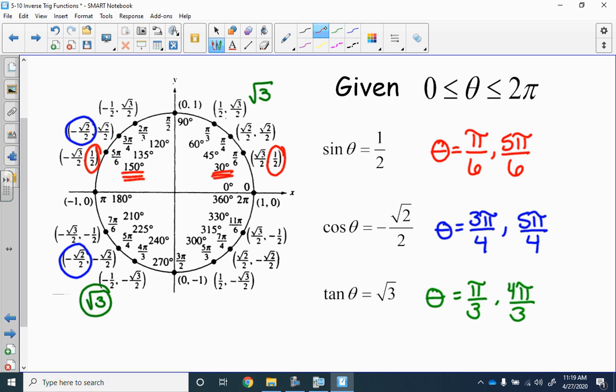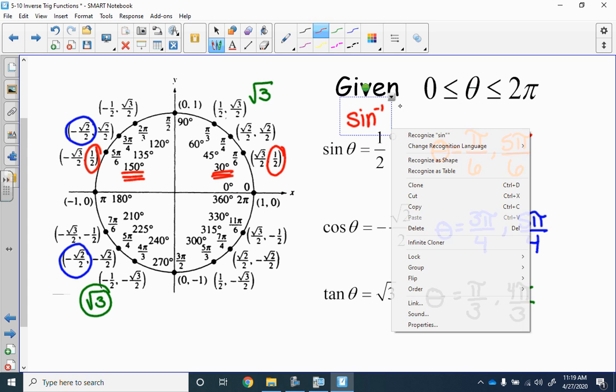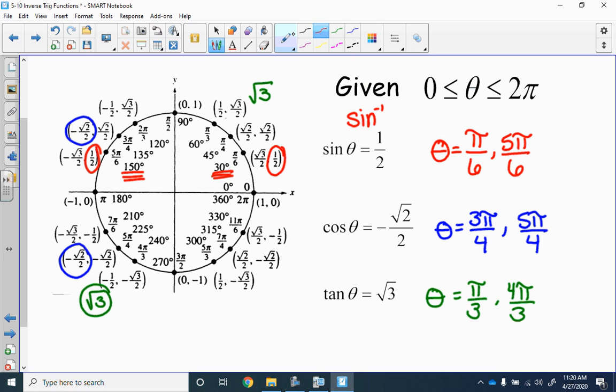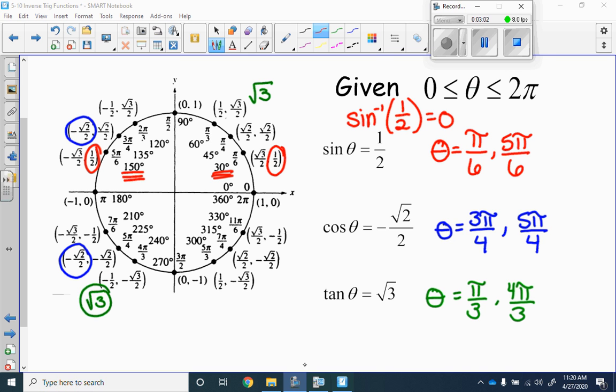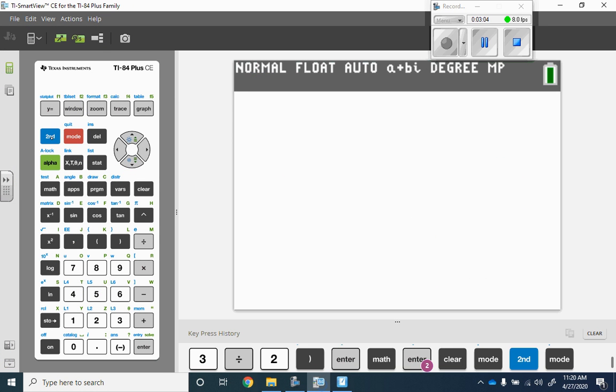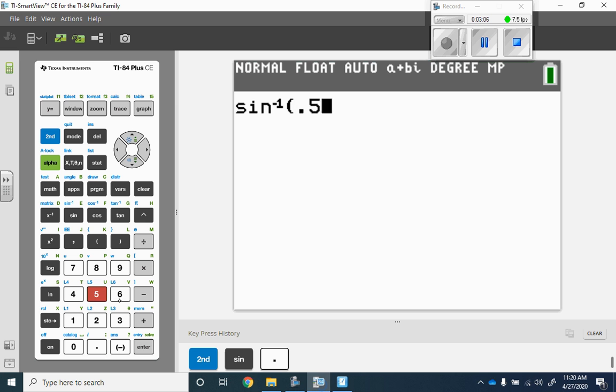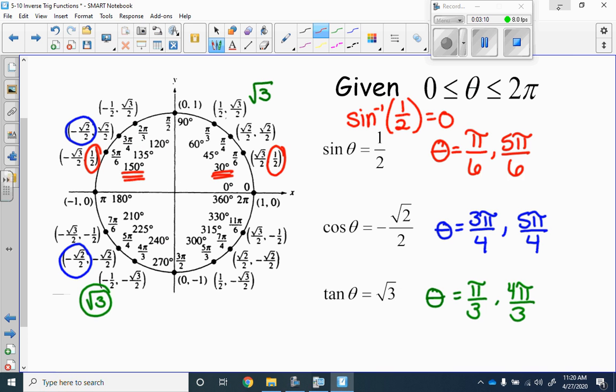When you solve this in a calculator, we take the inverse sine of 1/2, and that's going to give us theta. So I go to my calculator, and I do the inverse sine of 0.5, and I hit enter, and I get 30. Again, I'm in degree mode, that's 30 degrees. But notice that I'm not also getting 150 degrees, and I'm looking between 0 and 2 pi.